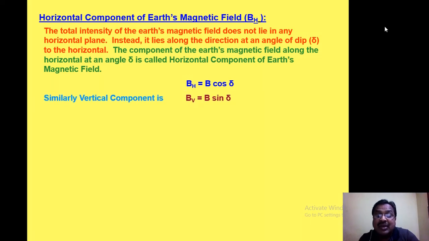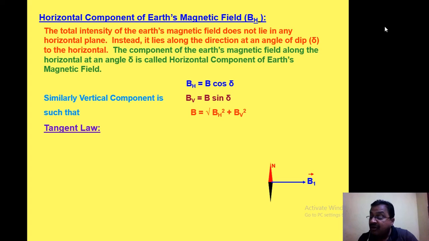BH is B cos delta, BV is B sin delta. You take the square of these two, so BH square plus BV square will be equal to B square, and the resultant will be B, which is the square root of BH square plus BV square. So this is all about the magnetic elements of Earth.